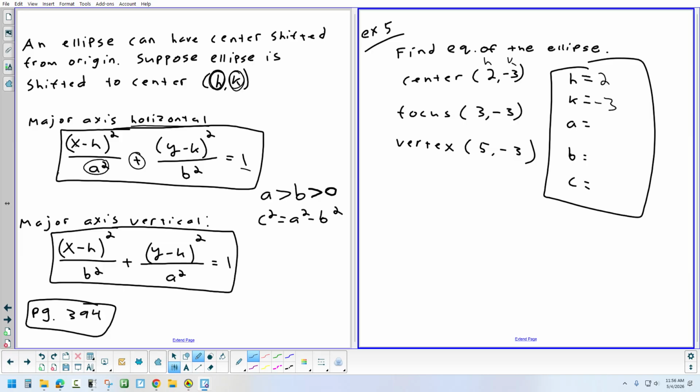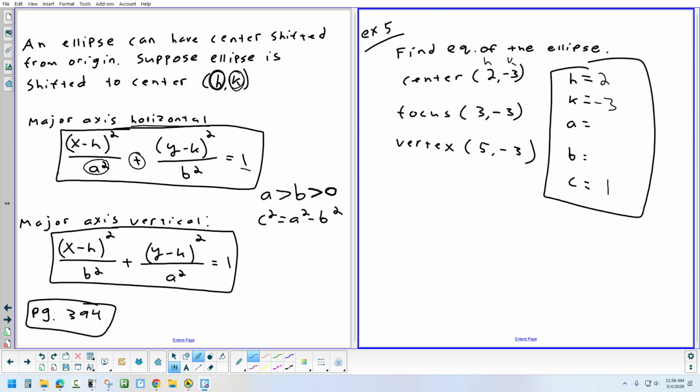We're going to look at the focus, directrix, and center now and start thinking about distances. What's another letter that we would know? Yep. C, that's the distance between the center and the focus. How far apart are the center and the focus? 1. C is 1.